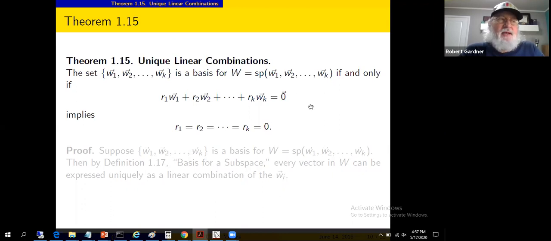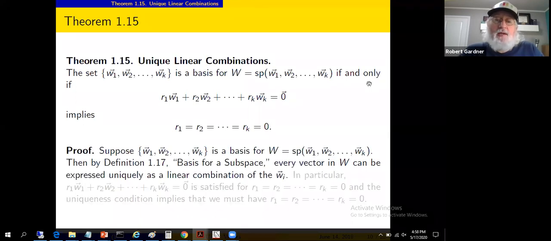All right, what's a basis? For now, our definition of basis is unique representations. Also, this is an if and only if claim, so we have to show two implications. Suppose first that W1 through W sub k is a basis, then we want to show this implies this. Secondly, we'll suppose this implies that, and then have to show that that means we have a basis.